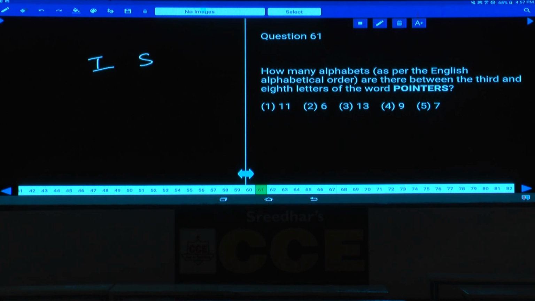The value of I is 9 and S is 19. How many are there in between? Check out J, K, L, M, N, O, P, Q, R. Only 9 letters are there in between these two. Here S should not be included at all, so take the previous one to S, that is 18. The difference between 18 and 9 is 9.